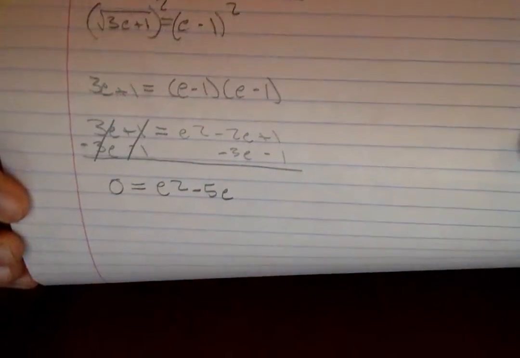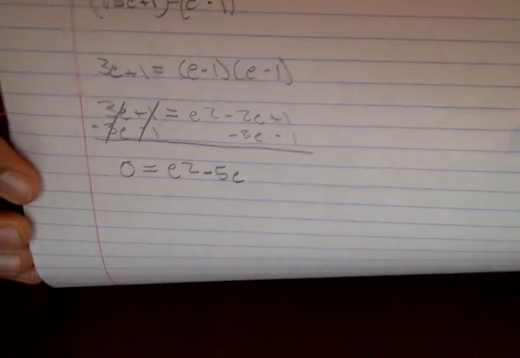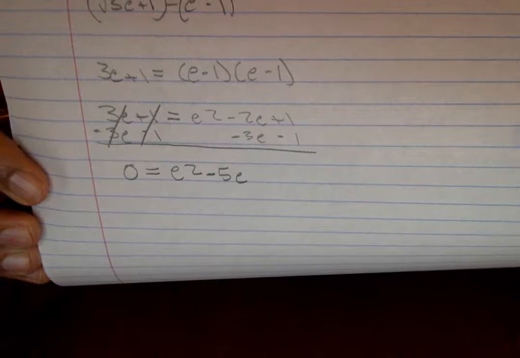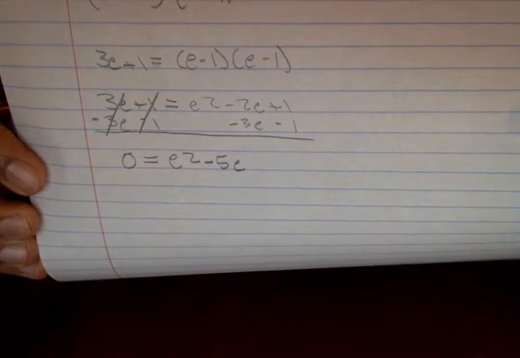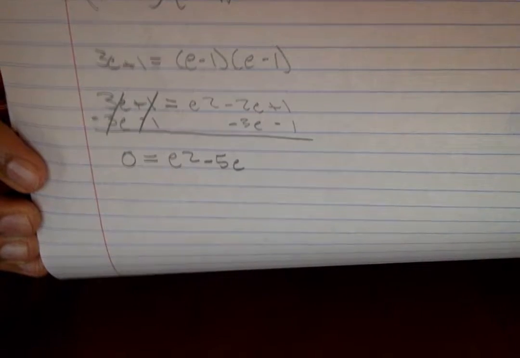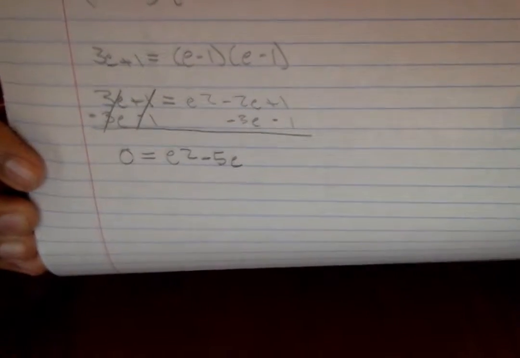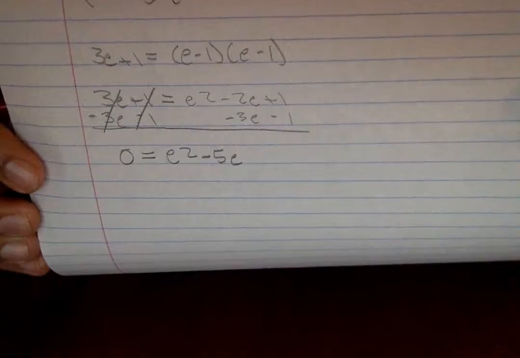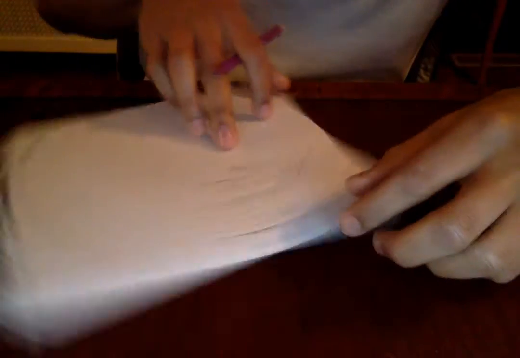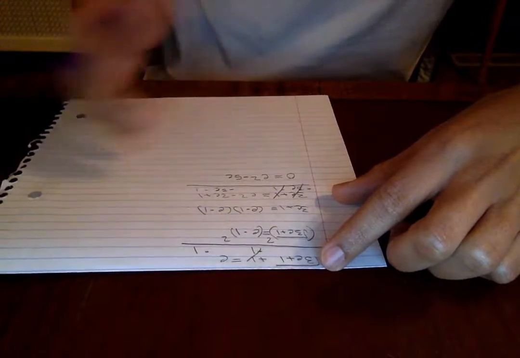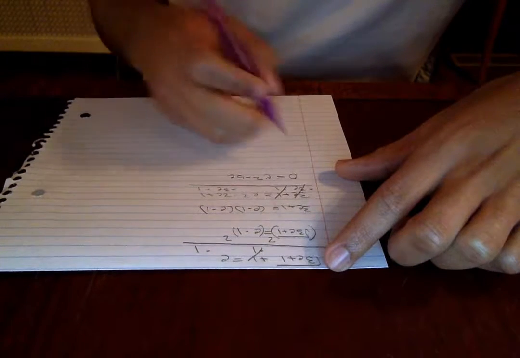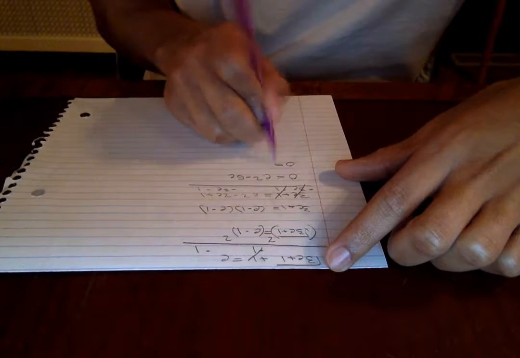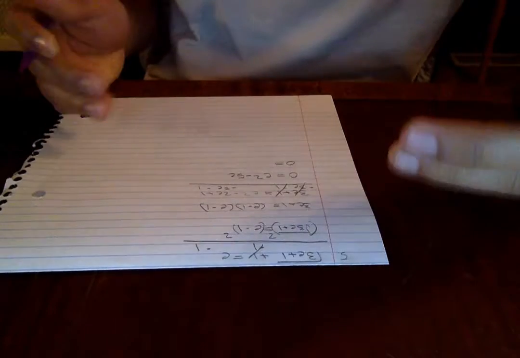And really what you want to do at this point is factor. You're pretty much done. What I mean is, 0 equals e squared minus 5e. What you need to do is find what's similar between e squared and 5e, which is the e.